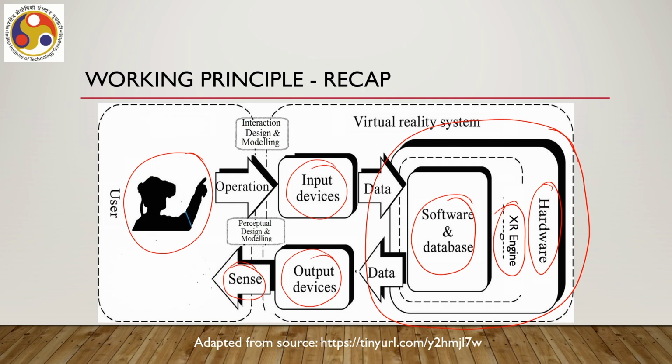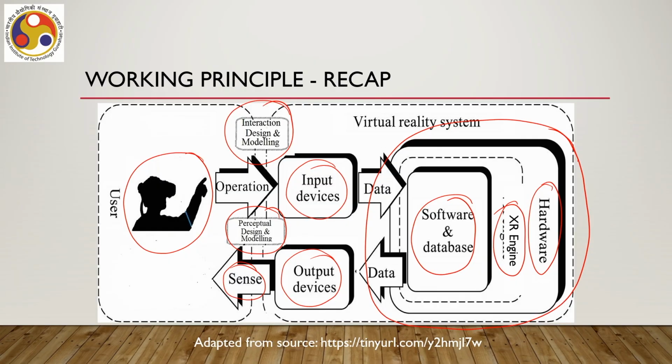Now, two things are important here. One is interaction design, the other one is perceptual design. Interaction design is important to give the user the ease of interacting with the system. Earlier we talked about such ease of use as usability.